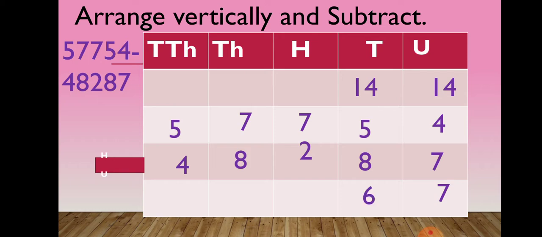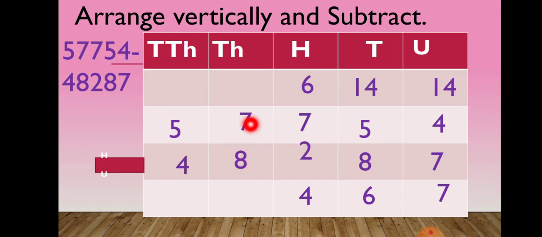Remainder 6 tens. Now when you give here 100, here remain 600. Now you subtract 200 from 600. How many remain? 400.